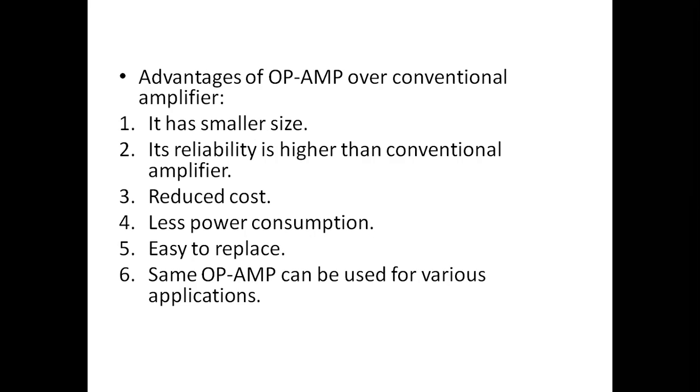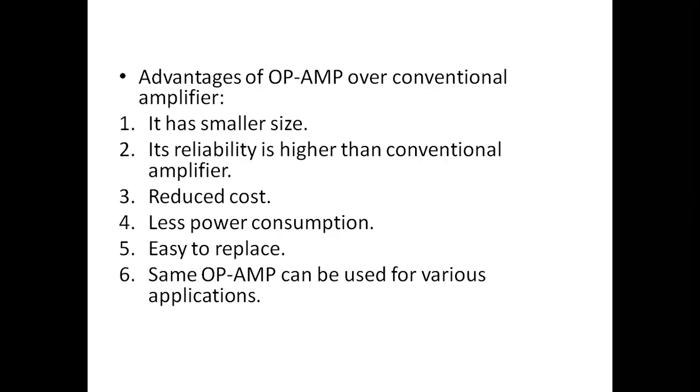So here it has lots of advantages. It has a smaller size, its cost is reduced because we are using only one IC. It is highly reliable compared to the conventional amplifier. If you see the power consumption, here we are connecting fewer components, due to which power dissipation will be less.